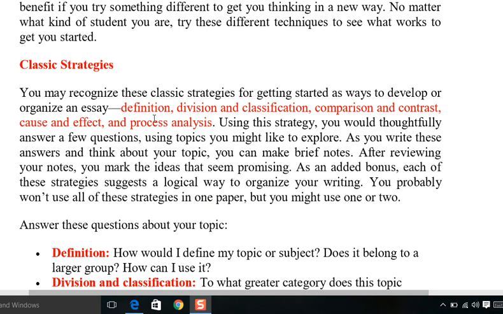Classic writing strategies are very formal, historically practiced ways of writing which have evolved and developed with human beings. Fine. These include definitions, division and classification, where you define the subject matter, comparison and contrast, cause and effect, and process analysis.